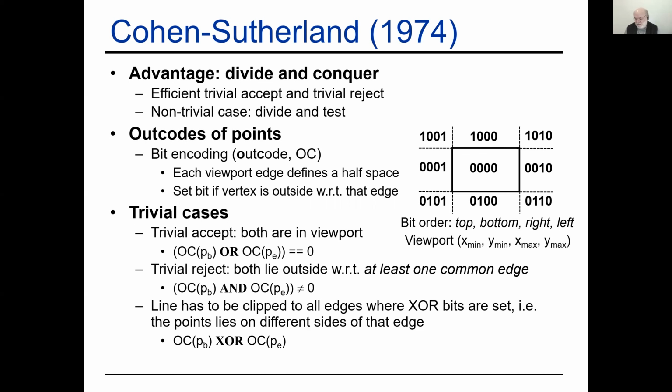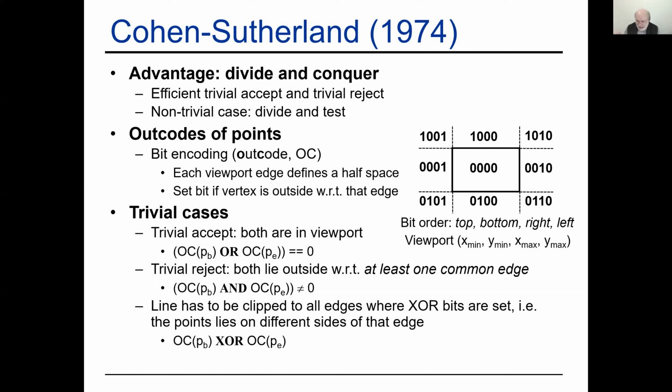The next case is the trivial reject case. Here we can only trivially reject if both points are outside with respect to one of the edges. This we can compute by doing an AND operation between the outcodes of the beginning and end point.